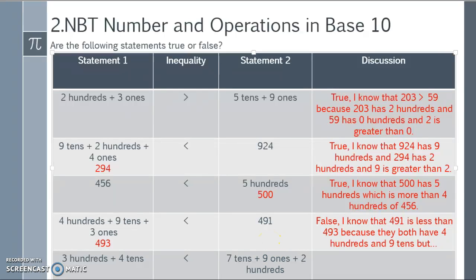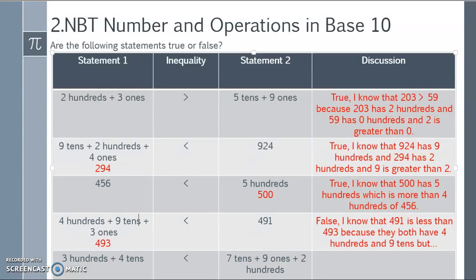I know that 491 is less than 493 because they both have 4 hundreds and 9 tens, but 491 has 1 one and 493 has 3 ones. Therefore, 493 should be greater than 491.